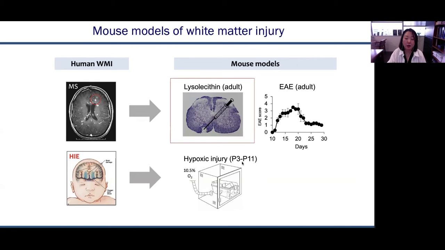Basically, we put the baby pups from P3 to P11 with a mom in an in vivo hypoxic chamber to mimic babies under hypoxic conditions. So we use a different mouse model depending on the disease condition. For the sake of time today, I'm going to share with you one of the models, the lysolecithin model, and how we studied TEM2 function in adult white matter injury.